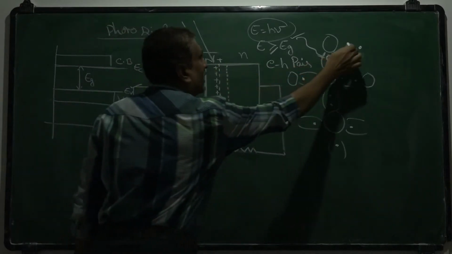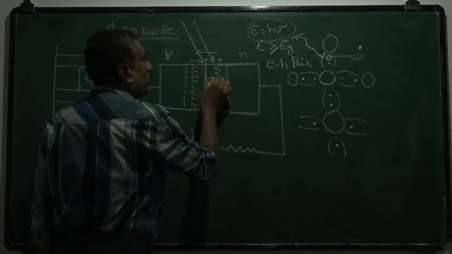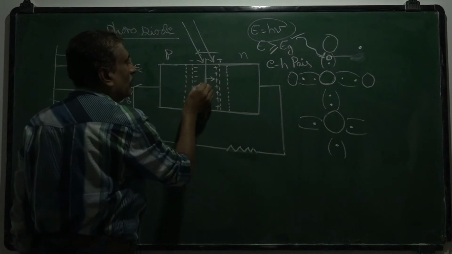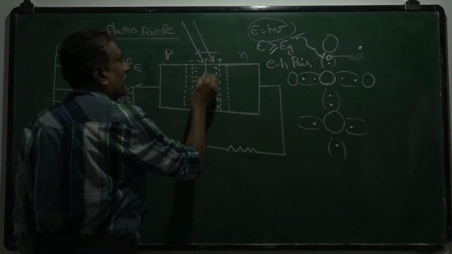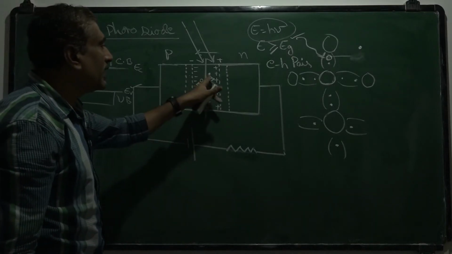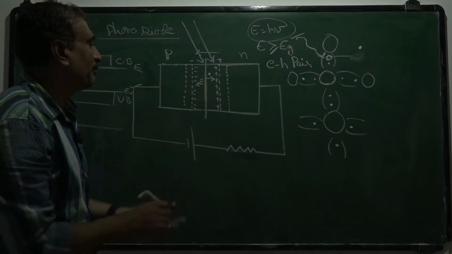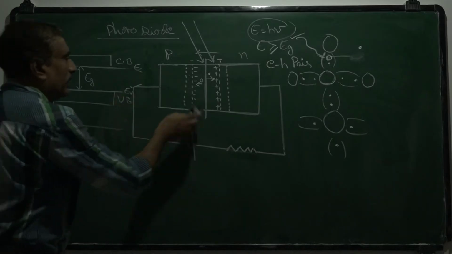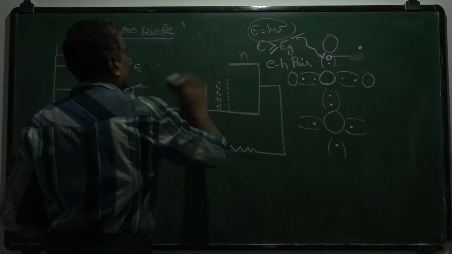This electron moves towards the positive terminal like this, and the hole moves towards the negative terminal. Now if this electron moves towards this end, one minute, I will draw another diagram like this.